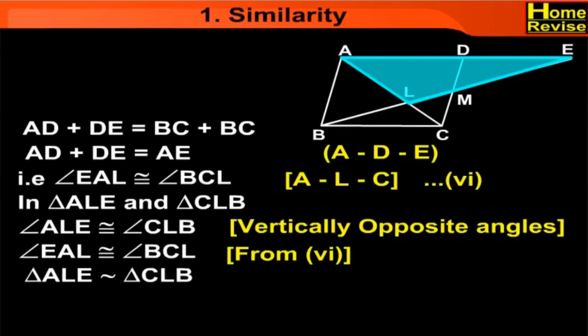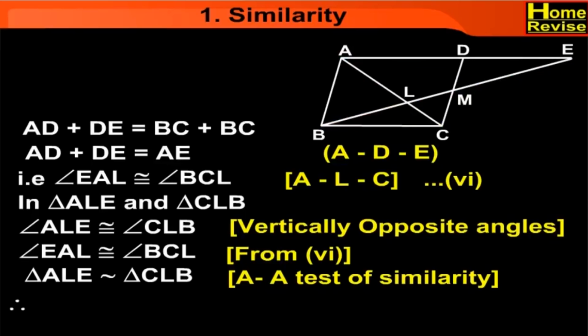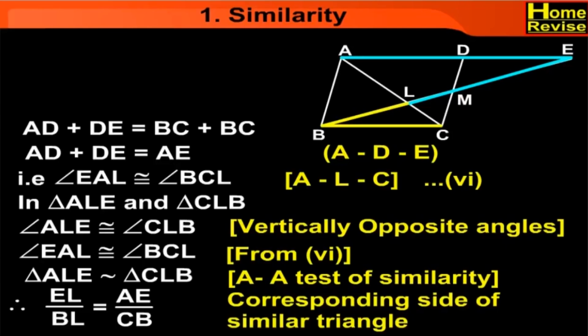Therefore, triangle ALE is similar to triangle CLB. Reason: AA test of similarity. Therefore, we can say that EL upon BL is equal to AE upon CB. Reason: corresponding sides of similar triangles.